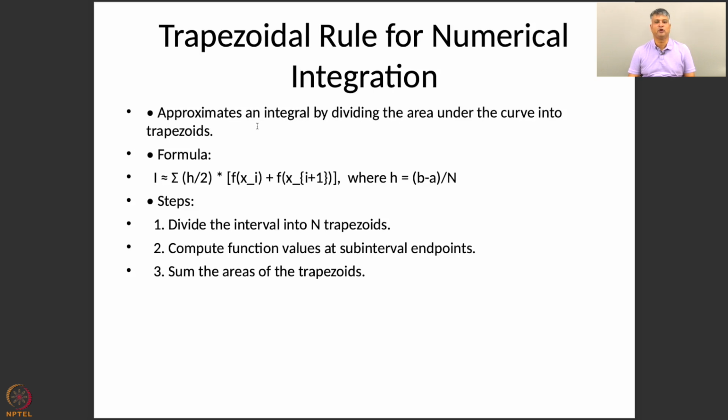This is typically the formula of the integral where you sum the approximation by taking the interval to be defined as b minus a divided by the total number of divisions that you would like, and h is the interval length. And at every h by 2, you are going to evaluate f of xi and f of xi plus 1 and then make the summation.